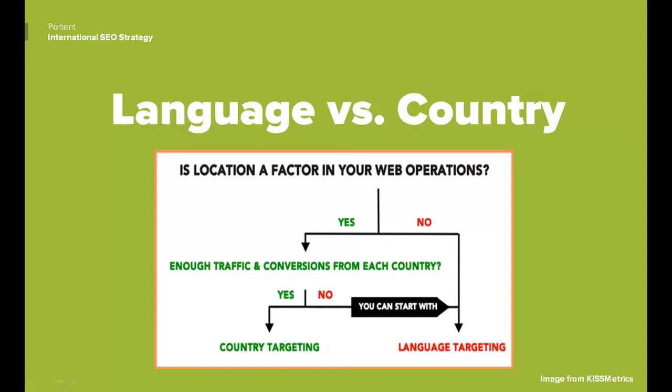If you've got a lot of traffic and conversions from each country, and if you've got the resources to target by country, then go ahead and do that. But if you don't have the bandwidth to target by country, language targeting is a really good option. It's much broader, and so you don't have to segment your sites as much as you would with country targeting.